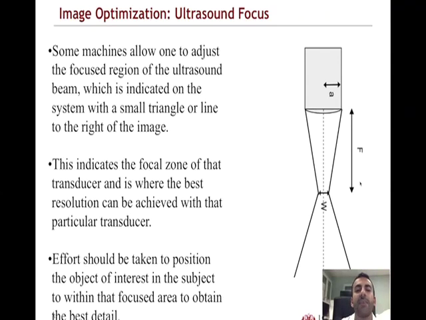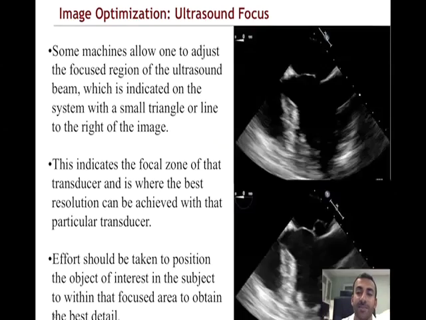By identifying that focus, you're telling the machine that this is where you want the best resolution, targeted at that particular structure. So you should always make the focus, which we'll identify in the next slide, be at the area of greatest interest, because that will allow you to have the best detail at that level.